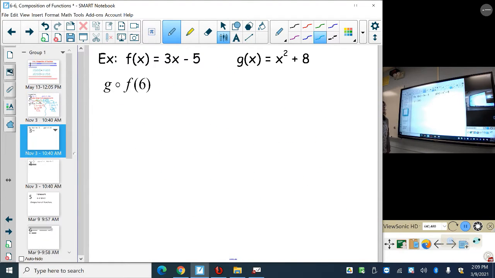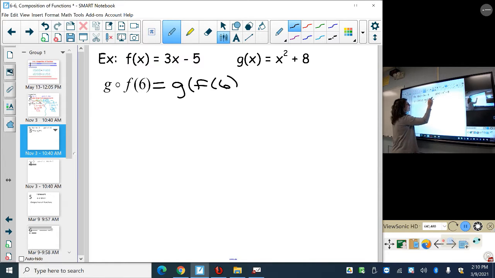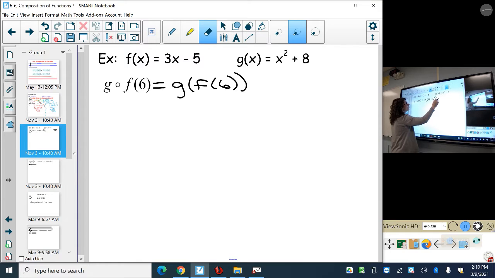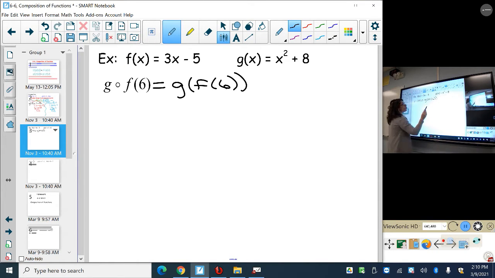Let's do that again. When you see the little o, you think g of f at 6. That is the same thing as saying g parenthesis f parenthesis 6 close parentheses, okay? Now, you work from the inside out. So if you're working from the inside out, I'm doing f at 6.